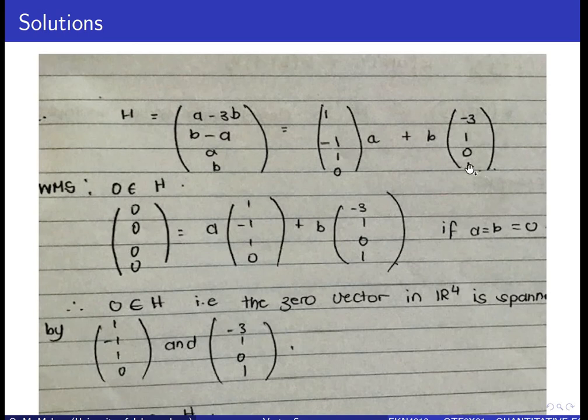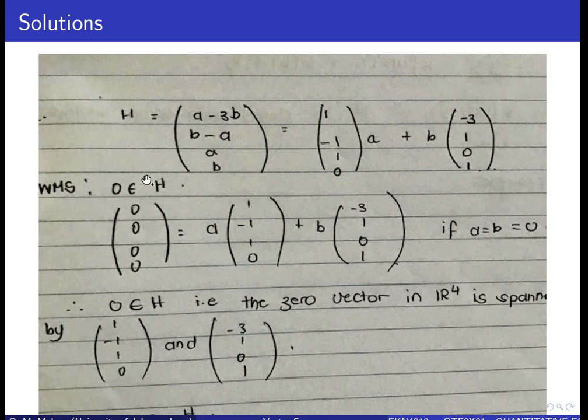The fourth component is just B, and A is 0. So this is another way of writing my set. And if I write it in this way, I can clearly see that my set is spanned by 2 vectors. This vector here in R4 and the second vector, which is also in R4. Recall that A and B are just scalars.